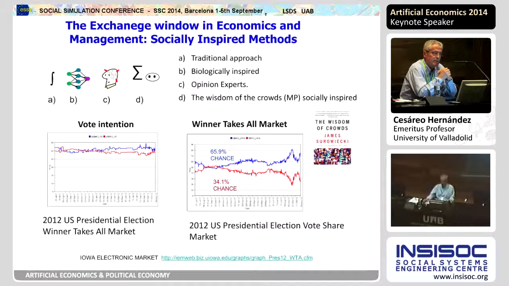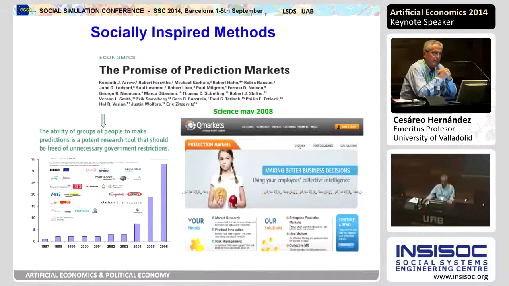Why? Because collective intelligence manifests when there are purposeful people who are betting and risking. That's why, you probably know the two-page paper published in Science in 2008, the promise of prediction markets.